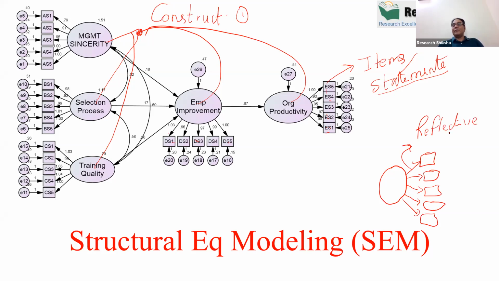In case the arrow comes from the items and connects to the construct, the direction of the arrow is opposite. Here the arrow is from construct to item, and here from item to construct. So this is called a formative construct.